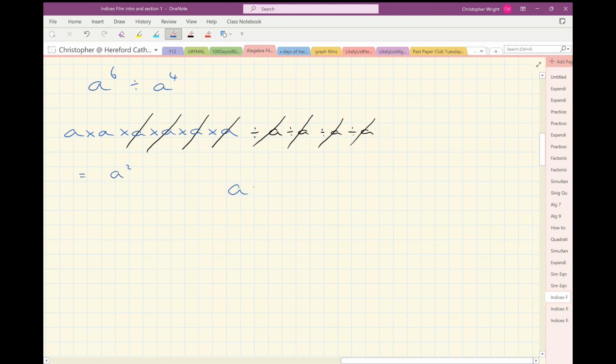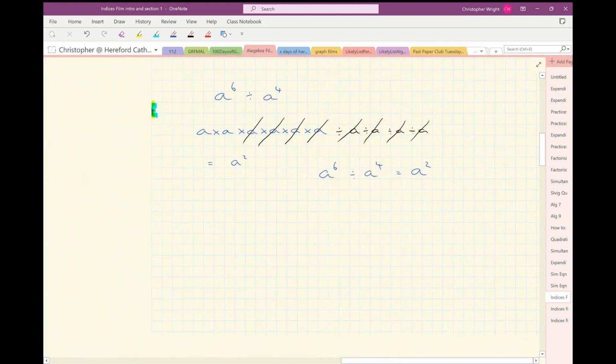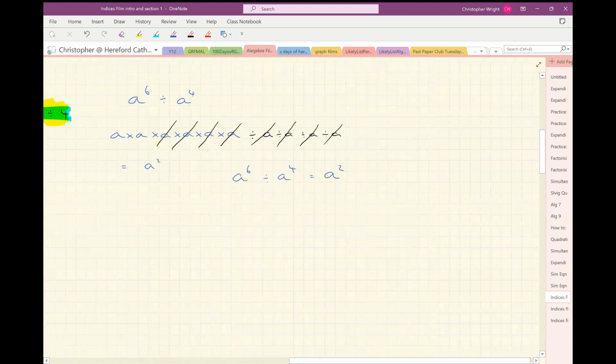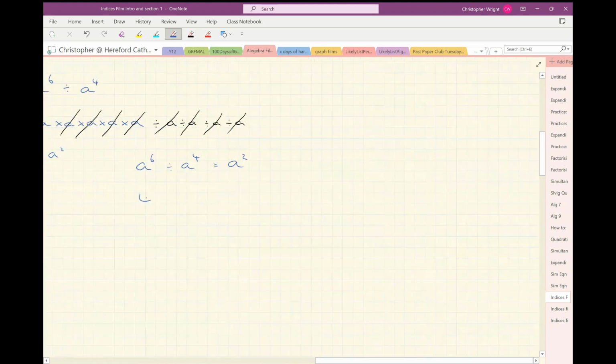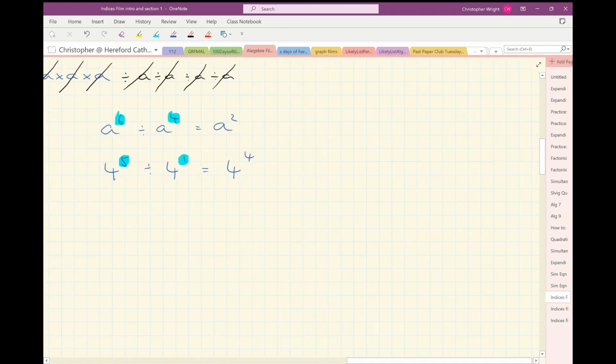So a to the 6 divided by a to the 4 is a squared. And a moment ago, we looked at 4 to the power of 5 divided by 4 to the power 1, which was 4 to the power of 4. So you can see that when I divide, I subtract the indices, which is the opposite of when you multiply, because when we multiplied, we added the indices.